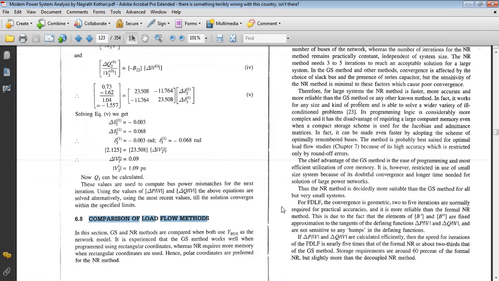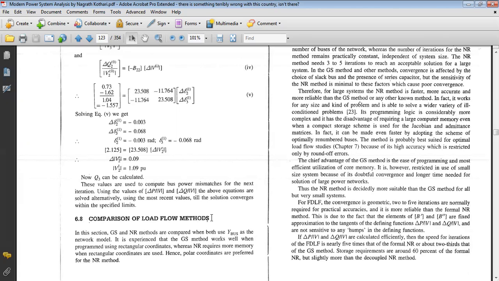Here there is a comparison for several types of load flow methods like Gauss-Seidel method, Newton-Raphson method, and fast decoupled method. But in our syllabus, we only need to know 2 load flow methods: Gauss-Seidel and Newton-Raphson.